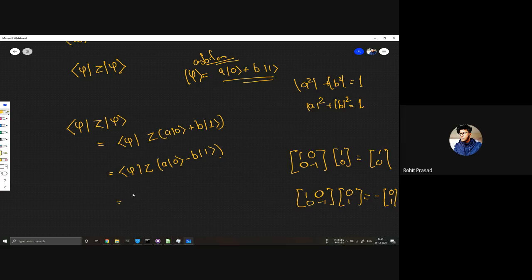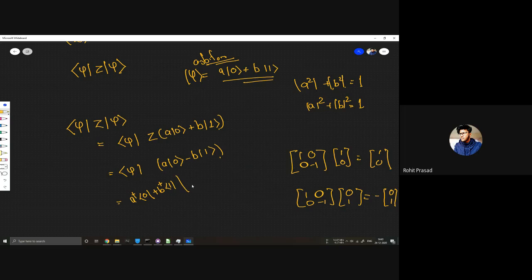Now taking it apart, we have here a transpose 0 plus b conjugate transpose 1. Okay, so this z will disappear, right? Because we just multiply the z matrix with this thing.